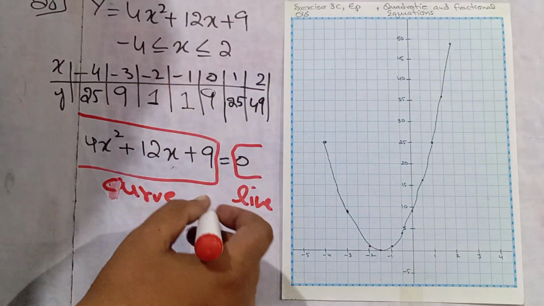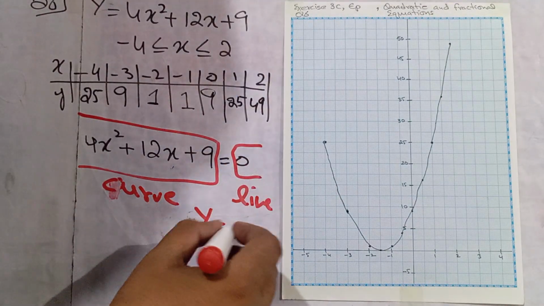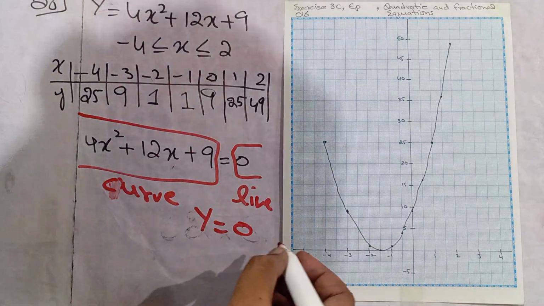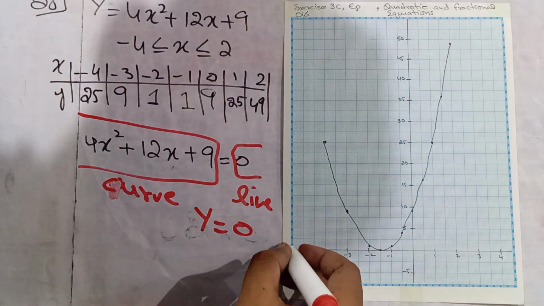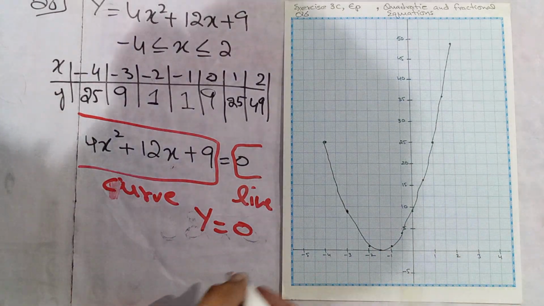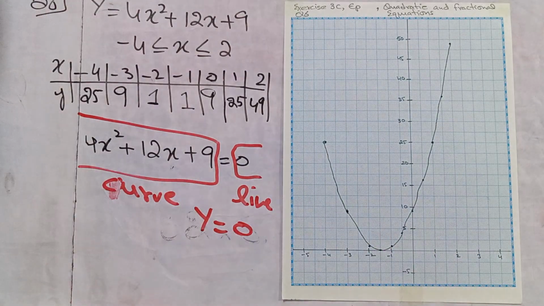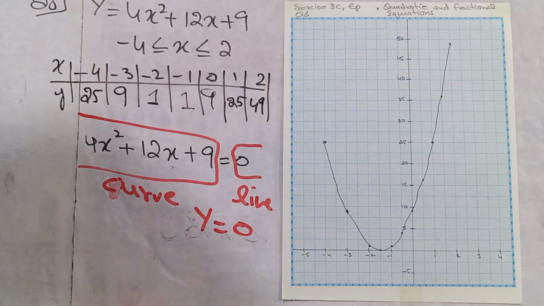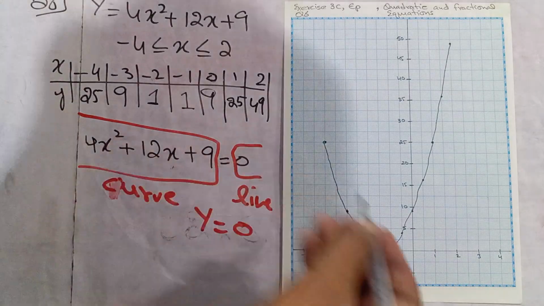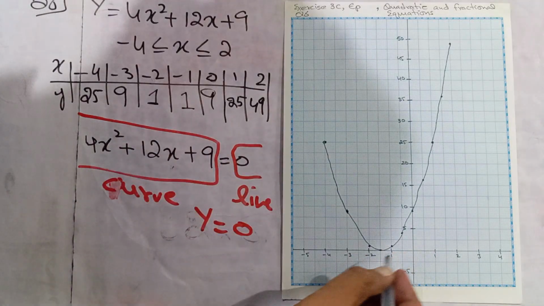So this I make equals to y. So I will draw this line y equals to 0. The y equals to 0 is this line. This is the line y equals to 0. So we will check that when the graph cuts this line, what is the x value there? So the graph cuts this line at this point, only on one point.